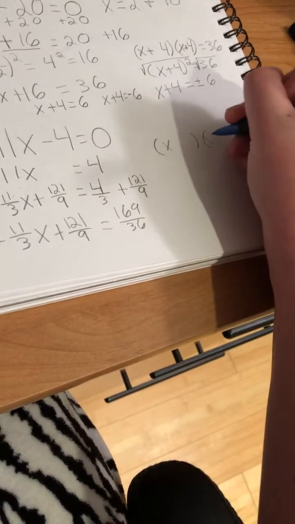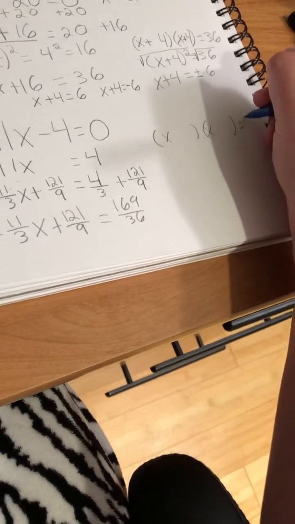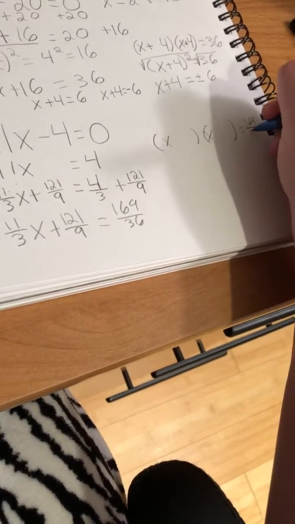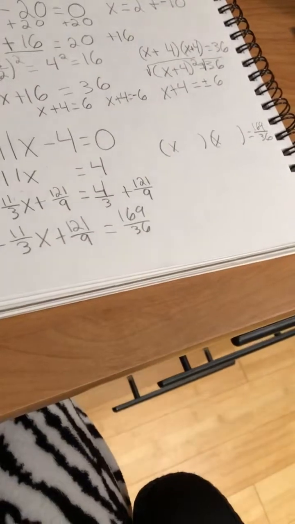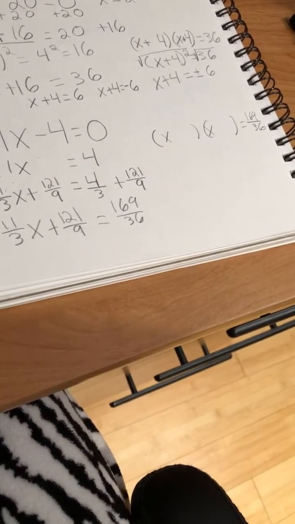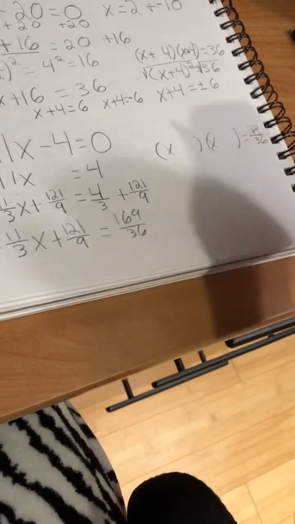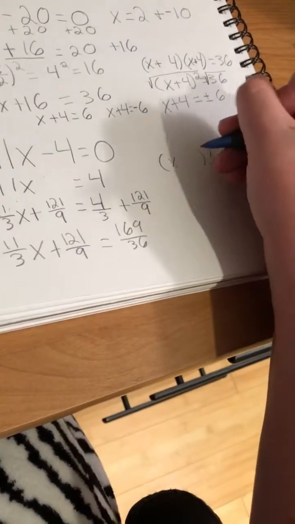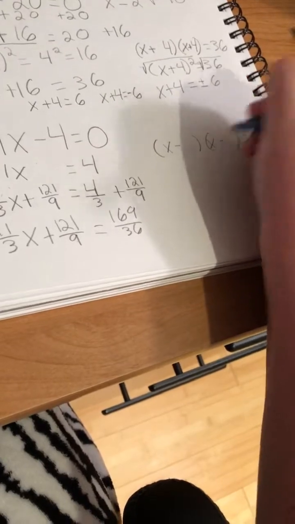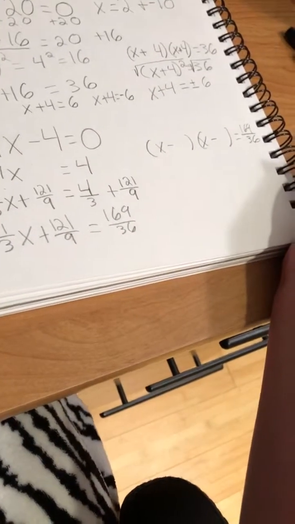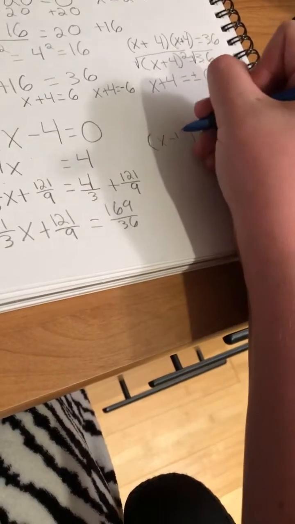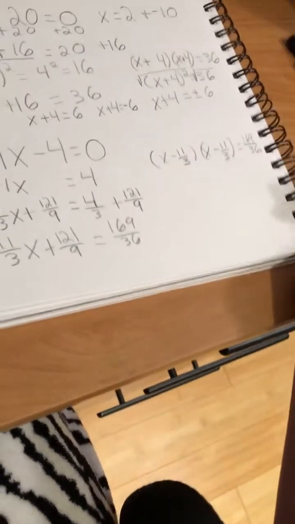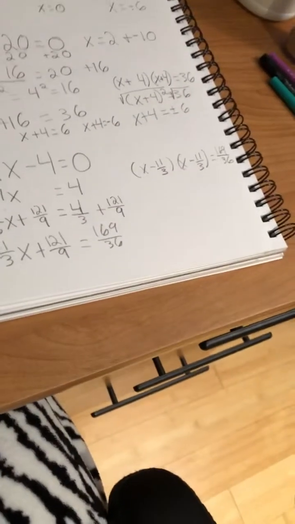Our variable that was squared was x, and we equal 169 over 36. Because we had subtraction over here, our subtraction is going to be in both of our parentheses because they have to be the same. And then 11 over 3, 11 over 3 gives us what we want.